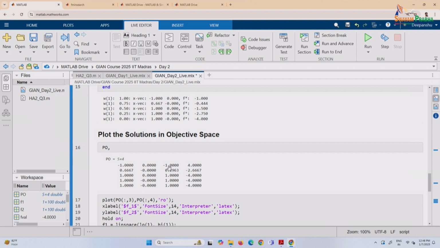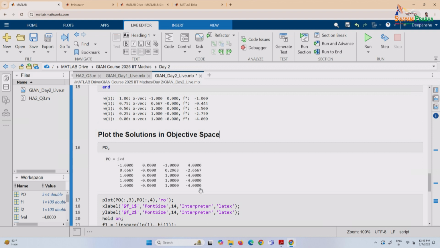Okay, so it's an issue with the initial point, and I told you that these point-based methods are so sensitive to initial point. Okay, so this is the correct answer. And this is the F1 value, and this is the F2 value. Then this is W1 equal to 0.75, F1, F2, and 0.5, F1, F2, 0.25, F1, F2, and 0, F1, F2.